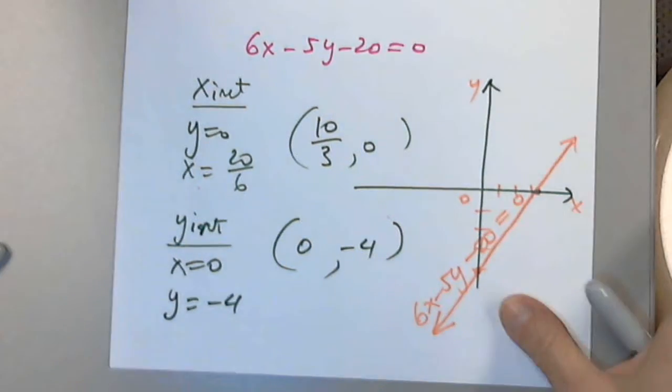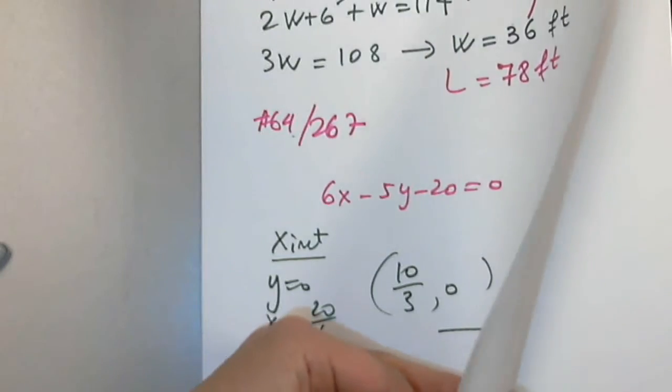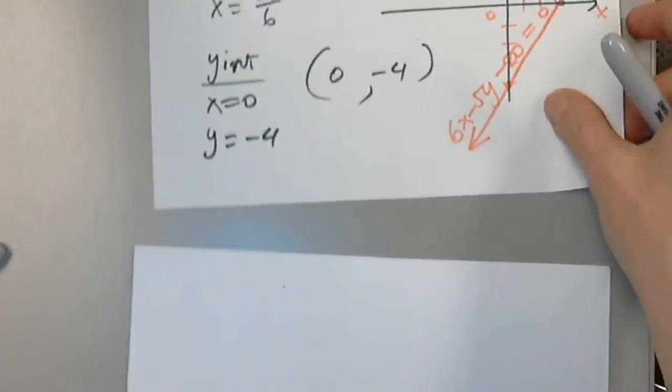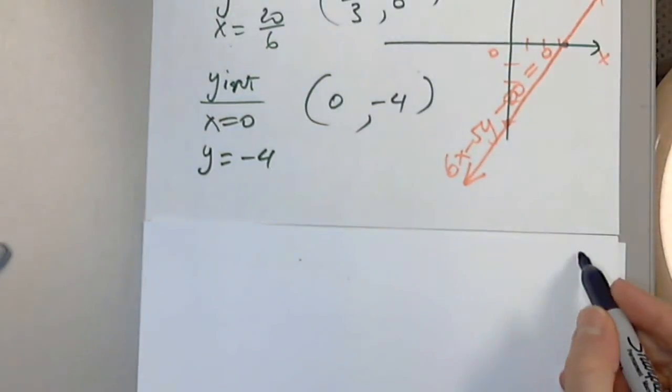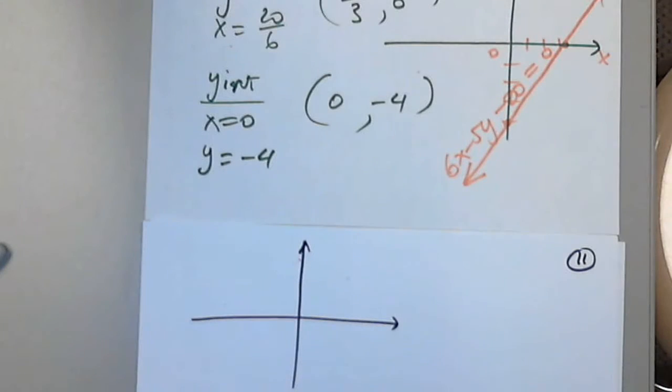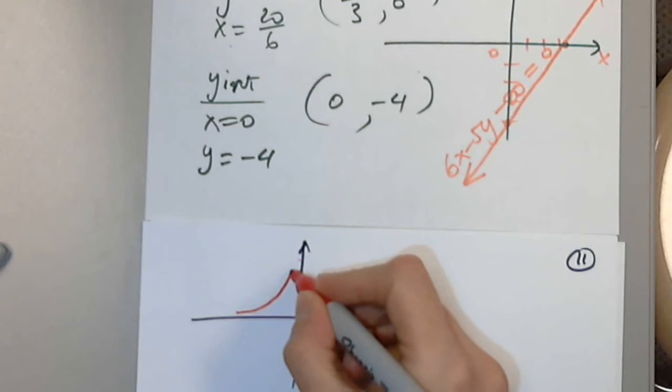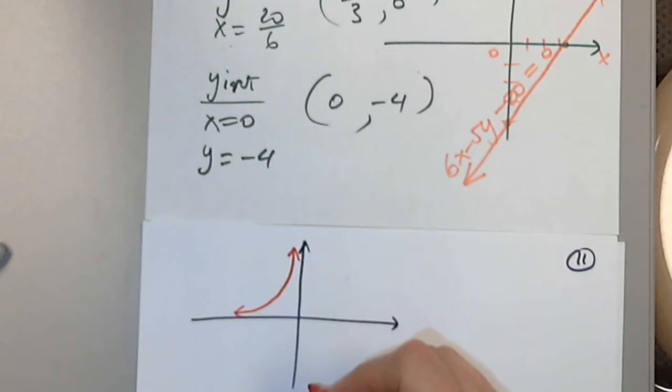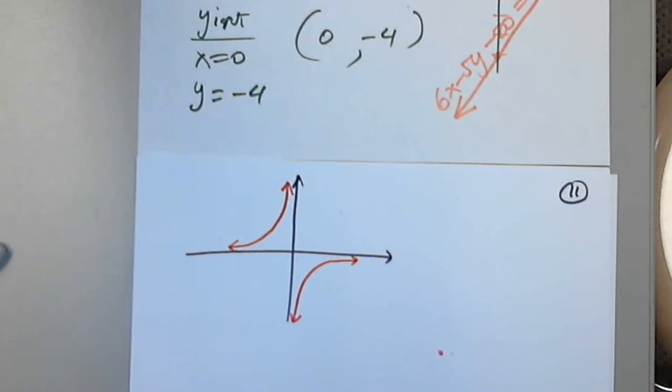What if I am given a graph? Here's a graph. And I am asked, is this graph symmetric, or is this the graph of a symmetric function? What type of symmetry?